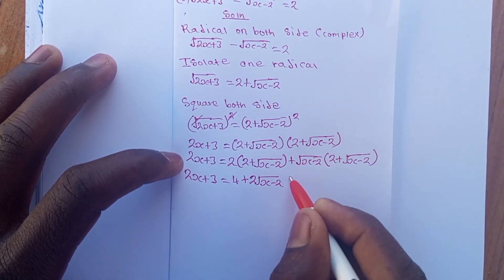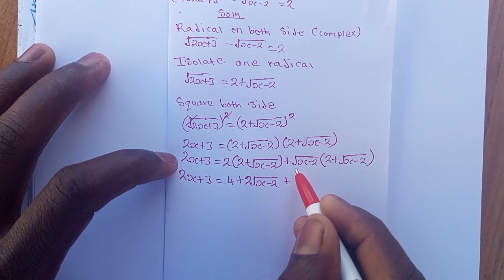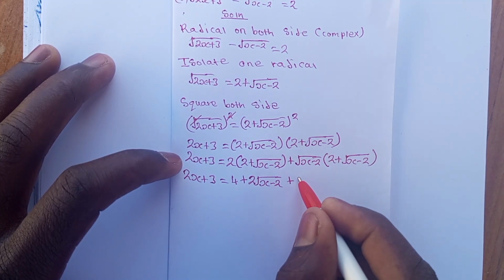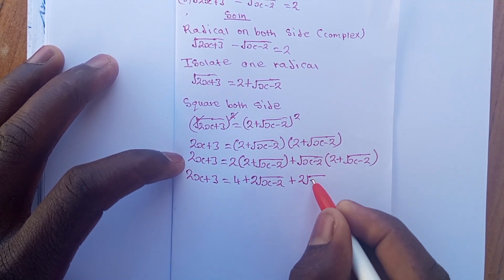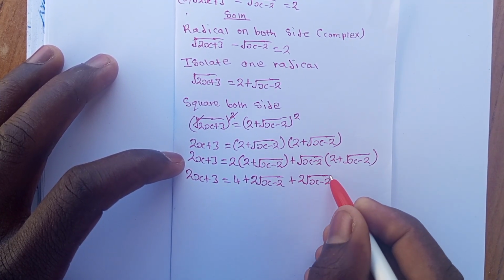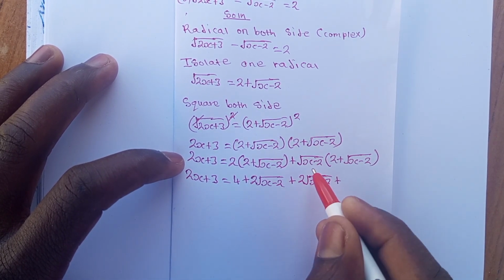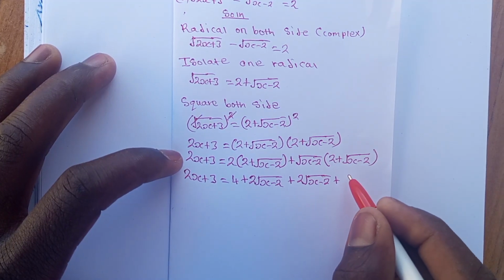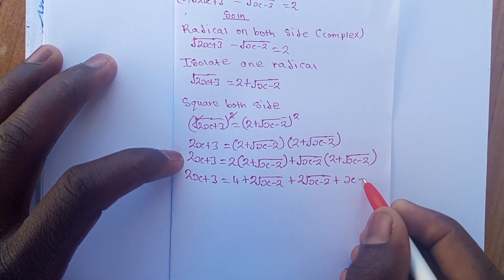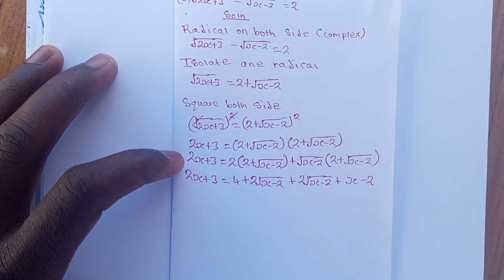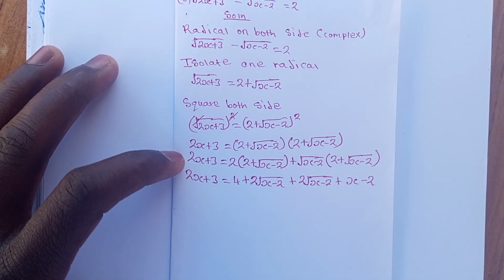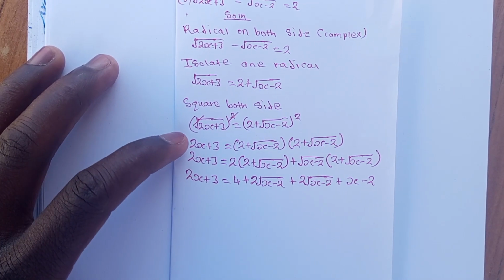Plus times plus is plus, root x minus 2 times 2 is the same as 2 root x minus 2. Plus times plus is plus, root x minus 2 times root x minus 2 is the same as x minus 2. Whenever you are multiplying the same number inside the root, just take it as one number.